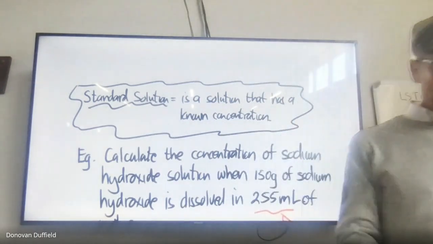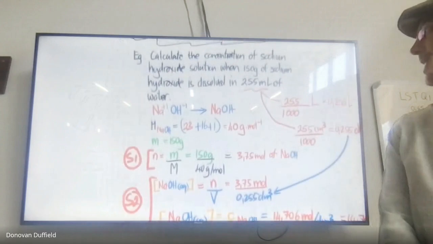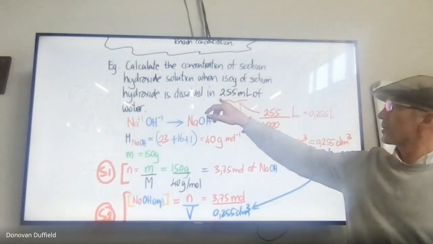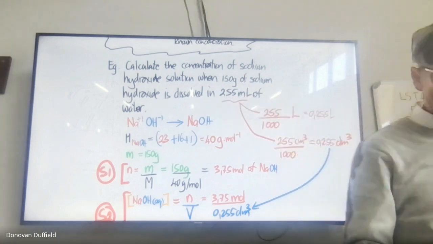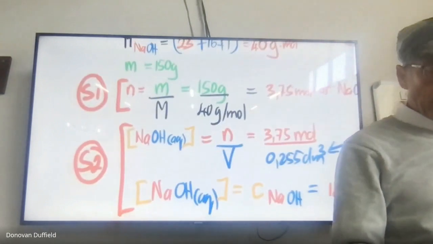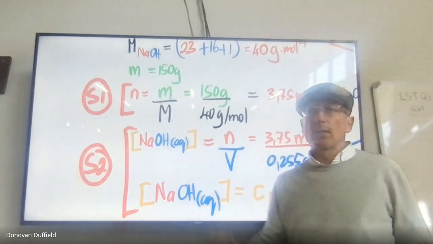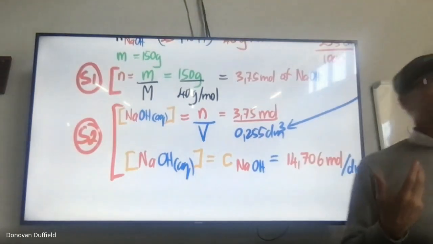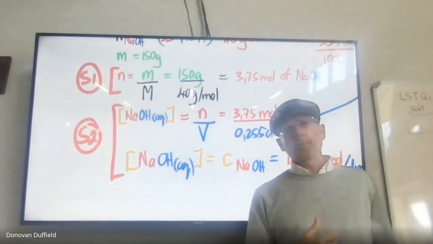All right, so we looked at how to calculate the concentration of a standard solution. If you're given a mass of 150 grams of sodium hydroxide dissolved in 255 milliliters, what is the concentration? The method is you use the number of moles, which is the mass over the molar mass. That gives you the number of moles. The measure of concentration that we use is moles per unit volume.